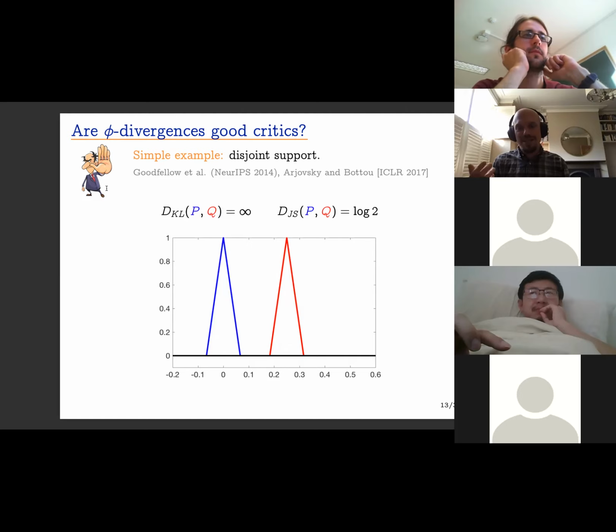Now, this situation where the support of P and Q is disjoint is arguably what always happens in high dimensions. There is this nice paper by Martin Arjovsky and Leon Bottou, who argue that, let's say the goal is to generate pictures of bedrooms.